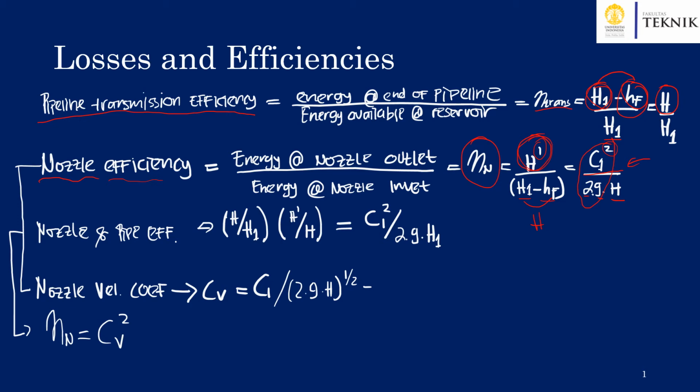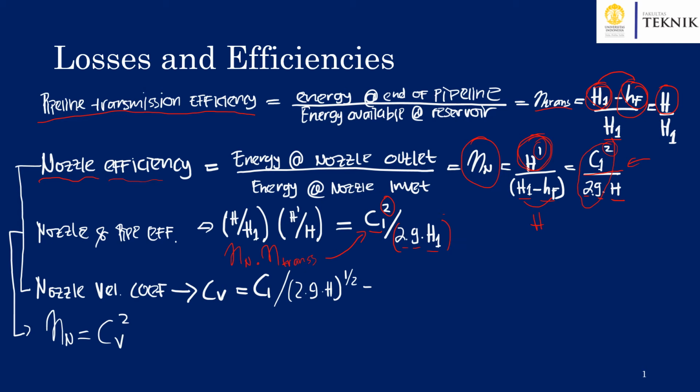And if we combine the nozzle efficiency multiplied with the efficiency of the pipeline transmission, we have a function of the absolute velocity at the inlet of the nozzle to the power of 2, divided by 2 times gravity times H1, or the head available at the reservoir.